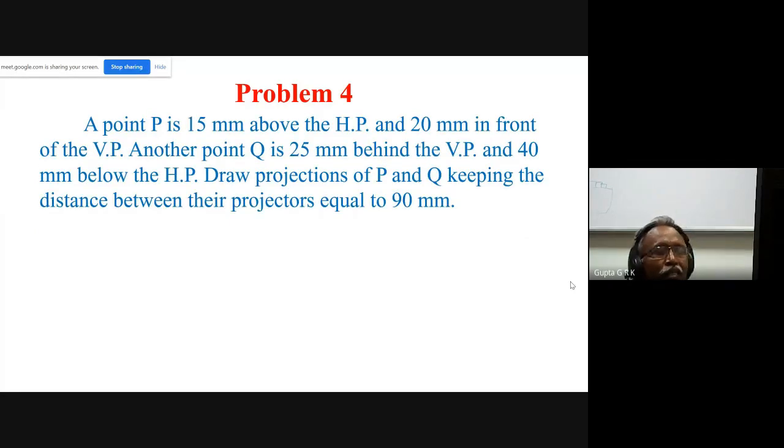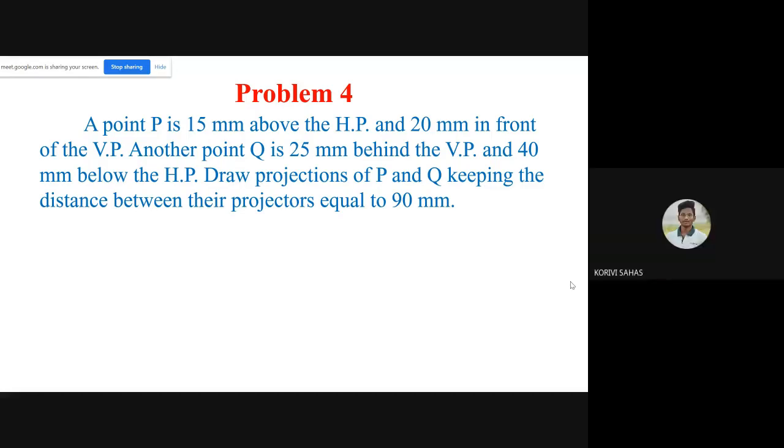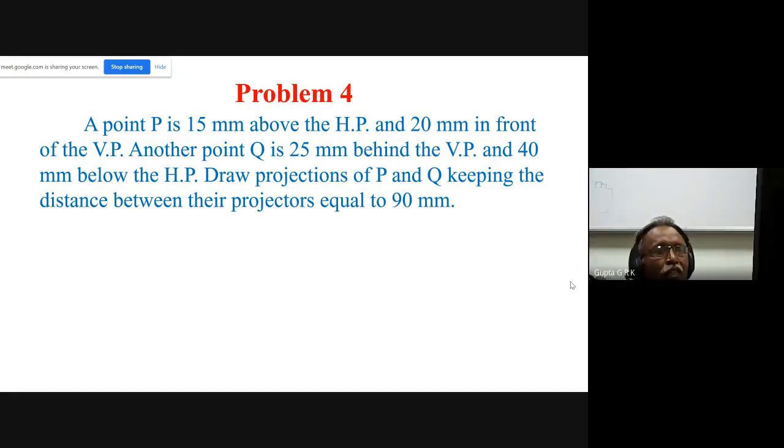A point P is 15 above HP and 20 in front of VP. And another point Q is 25 behind VP and 40 mm below HP. Draw the projections of P and Q, keeping the distance between the projectors equal to 90 mm. Okay, there are 2 points given.